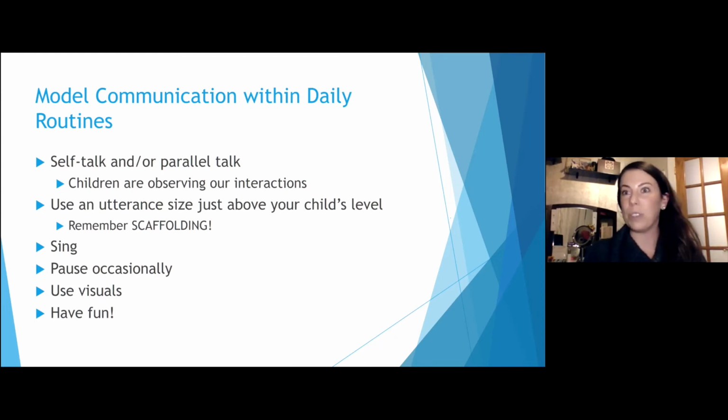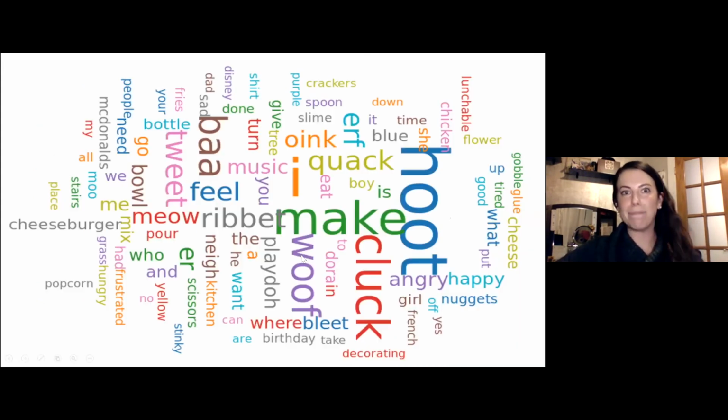You can also use visuals with an AAC device as well. That's completely fine, because that's something that they might use for their daily schedule, and then their AAC device or their high-tech device is something that they're using for communication. They have to be able to communicate about their schedule. That's just something that is part of our everyday routines. And then again, remember to have fun.